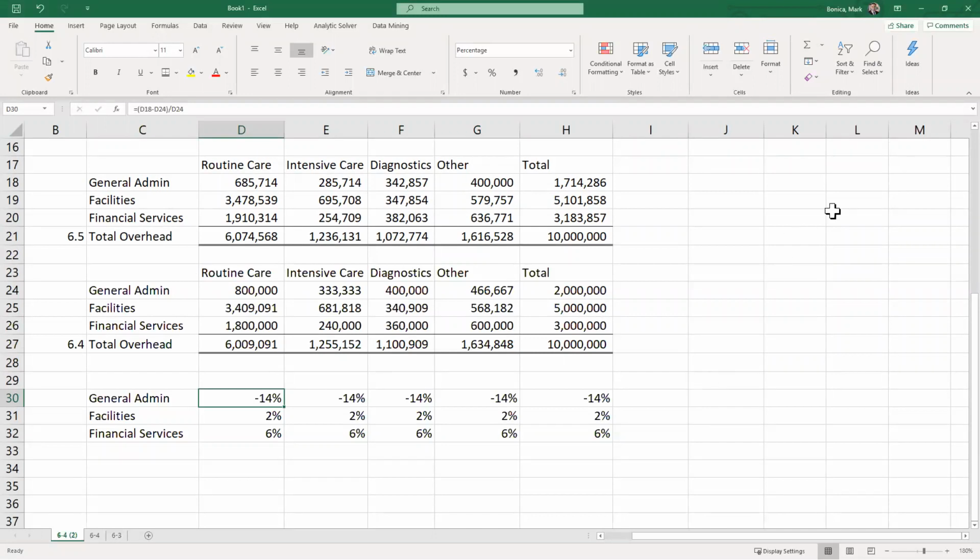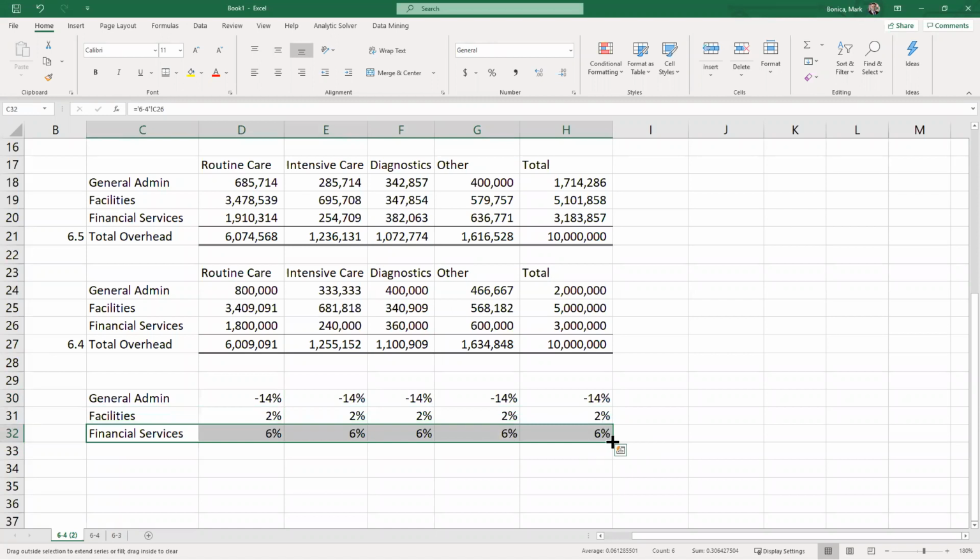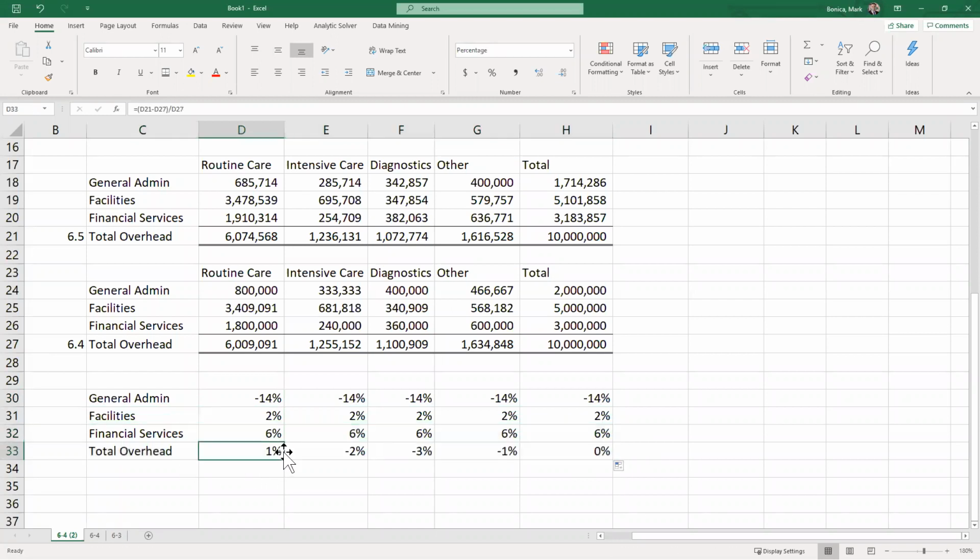Let me just add one more line. So we see relatively small changes in total overhead allocation, 1%, 2%, 3%. These are not huge numbers.